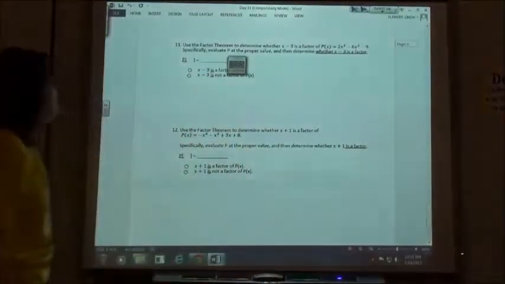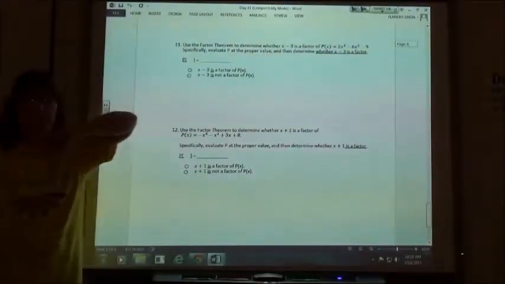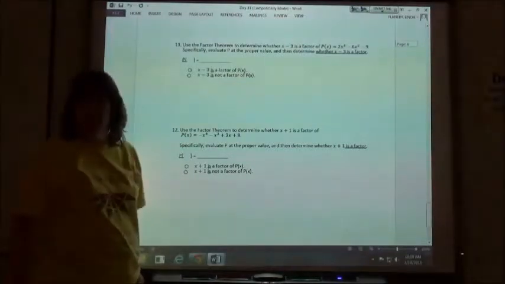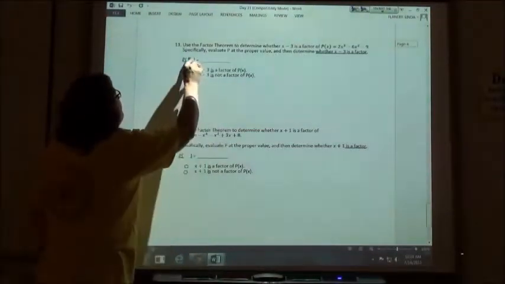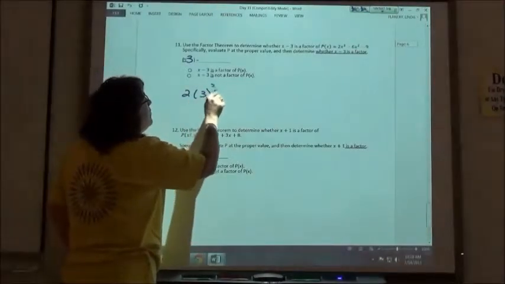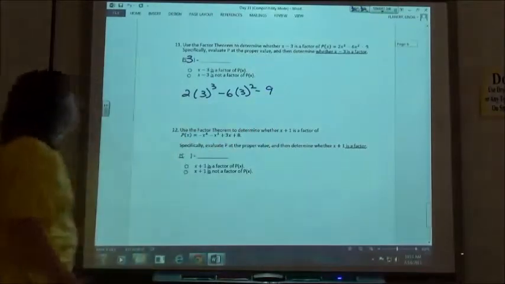So, number 11, we want to know if x minus 3 is a factor. That means we're going to evaluate p of 3. So 2 times 3 cubed minus 6 times 3 squared minus 9.